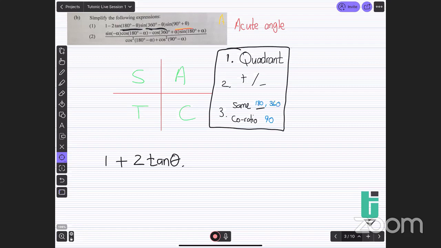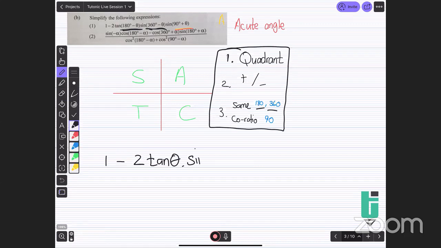It will stay the same because it's 360. So this becomes minus again over here, because it's all multiplied. So it becomes minus sine of theta.